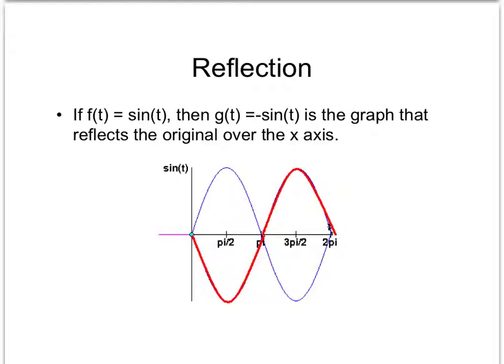A reflection in an equation is noted by the negative sign in front of the sine. So where the blue curve is sine of t, the red curve would be negative sine of t. That negative sign takes all the positive values and flips them, makes them negative, and all the negative values and makes them positive. So it should make sense that it would flip the entire graph.